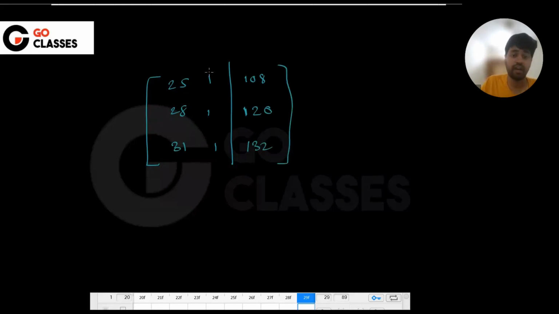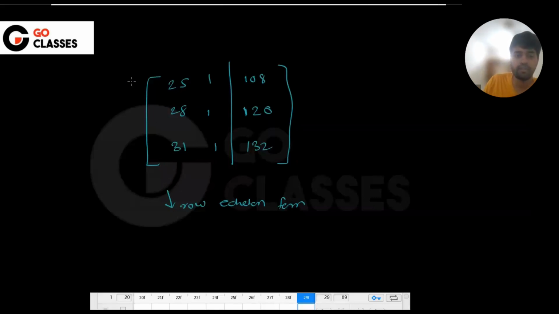Then we try to eliminate these rows so that it is converted into something called row echelon form. The easiest thing that we can do is basically zero out some of the columns. We'll try to zero this and this out using row transformations.